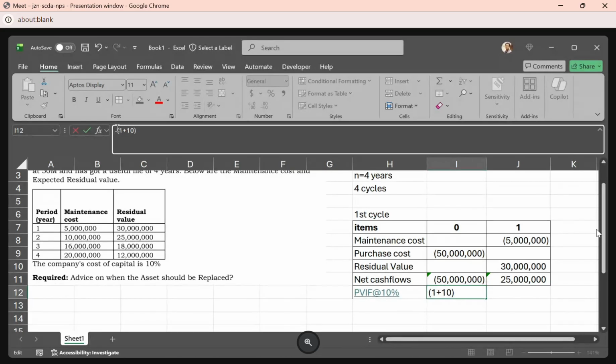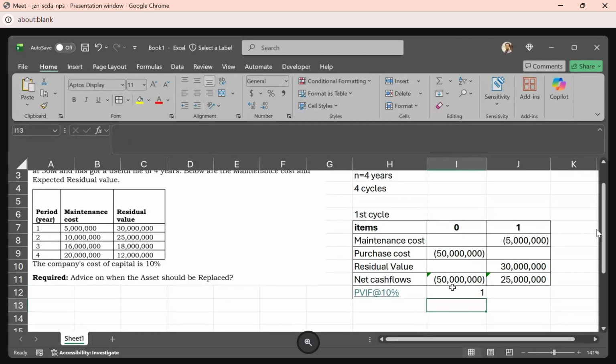You can do it like this. That is 10%, so I put power 0. That is 1. And I told you you have to keep at least three figures after the decimal.